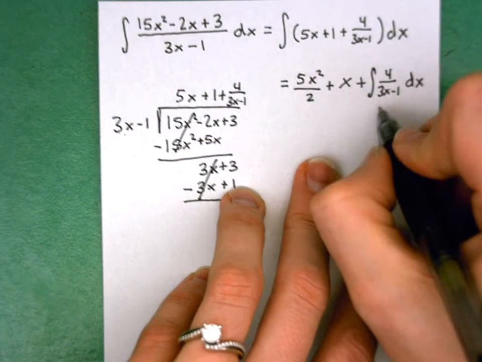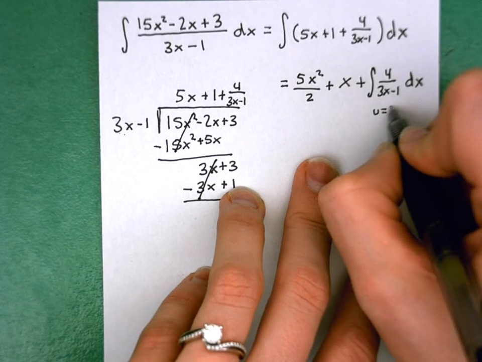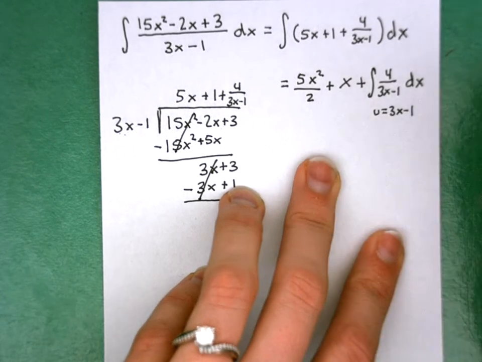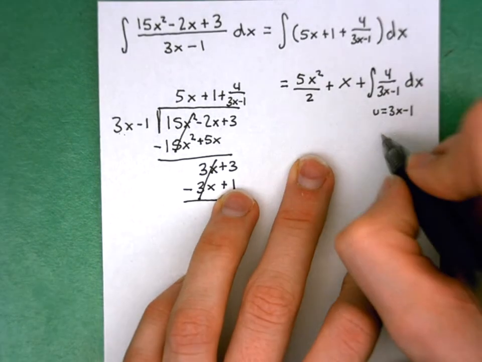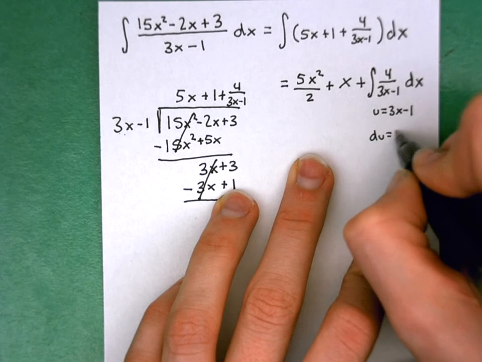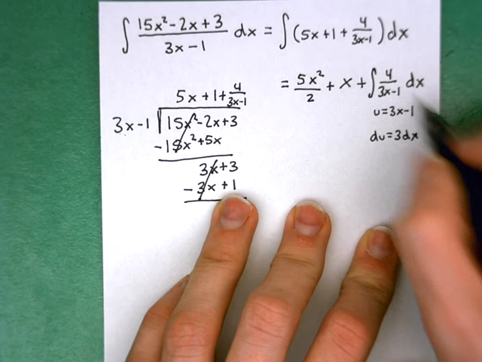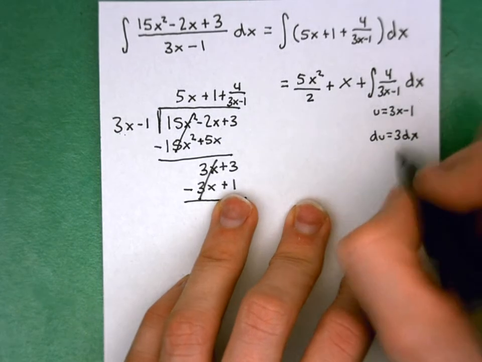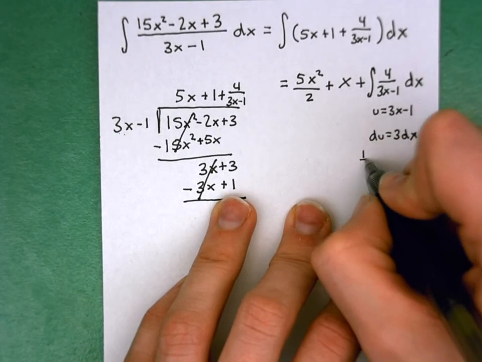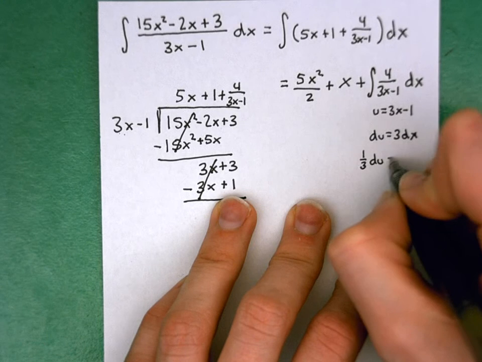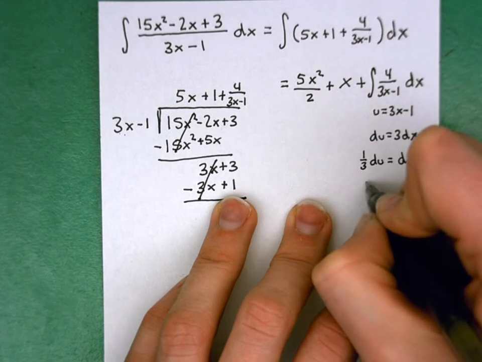So if my u is 3x minus 1, then my du is going to be 3dx. Which isn't quite like 4dx, but I can make it like 4dx by dividing the 3 over and then multiplying both sides by 4.